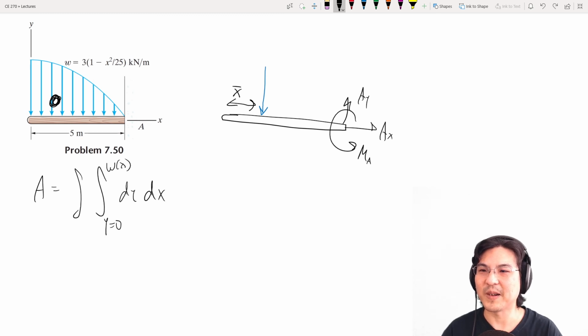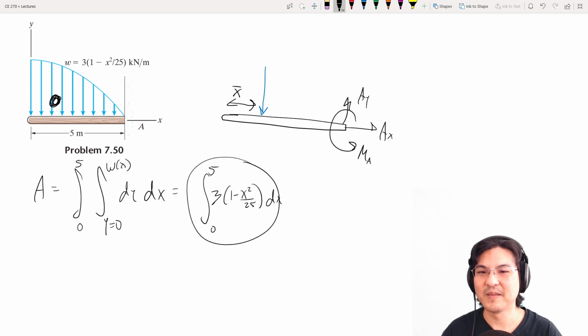And then in the x direction, from 0 to 5. Then you can integrate. The integral of dy is y from 0 to here, and then you just integrate this, and that's the area, and that's the magnitude of this force.